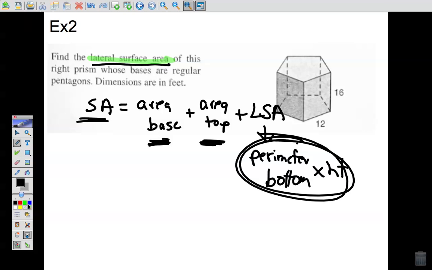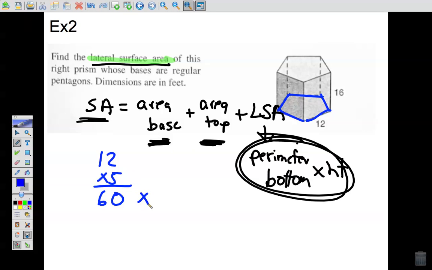So let's do this. We're going to find the perimeter of the bottom. It looks like each side is 12. It's a pentagon, a 5-sided figure. So if I take 12 times 5, that's 60. The perimeter of the bottom is 60.